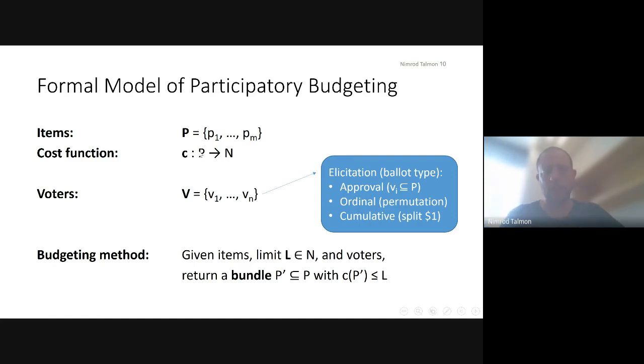For each project, the cost is 1, and then this is exactly equivalent to multi-winner elections. But now the cost could be different, so this is a more generalized setting. Okay. So let me jump into some objective functions and some corresponding algorithms.